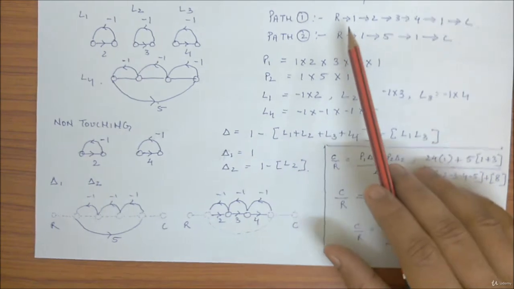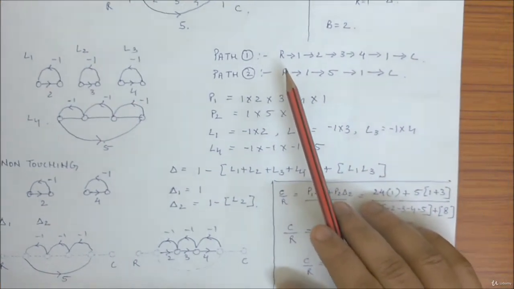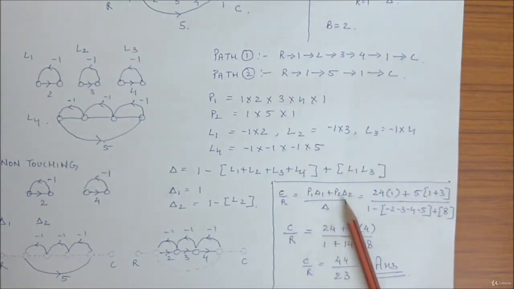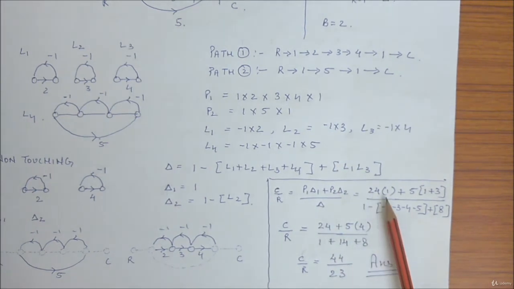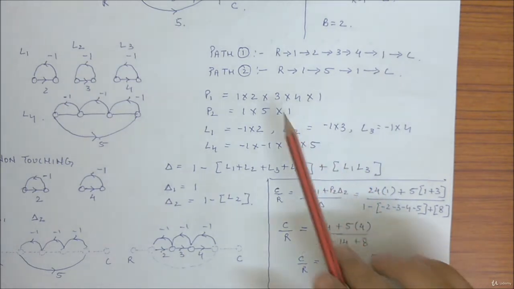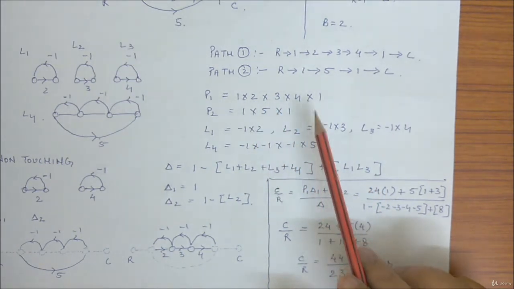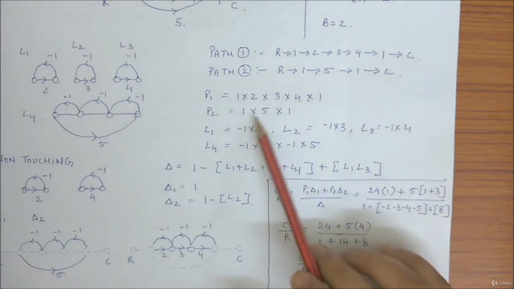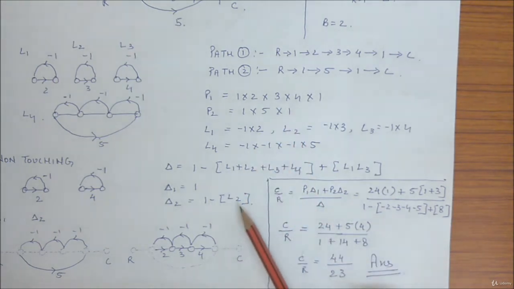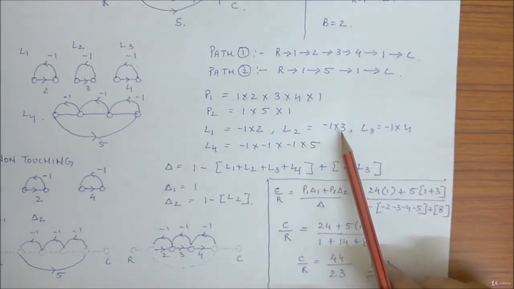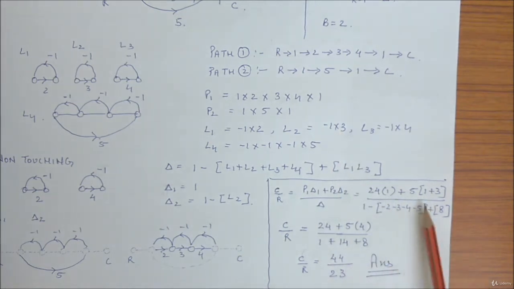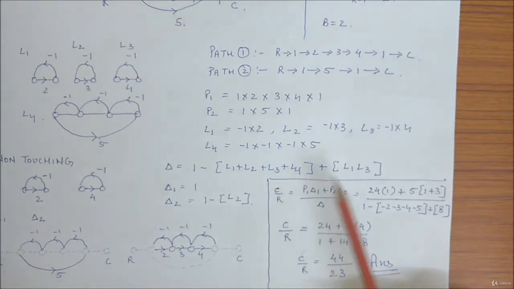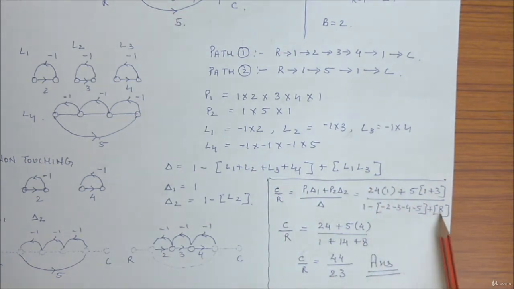Now we have all the terms. We will plug in the values. P1 delta 1, P2 delta 2 divided by delta, because branches are 2. I'll write the value 24 into delta 1, which is 1 plus 3, plus 5 into 1, because L2 is my minus 3, divided by 1 minus individual loop gains, which is L1, L2, L3, L4 plus L1 L3.